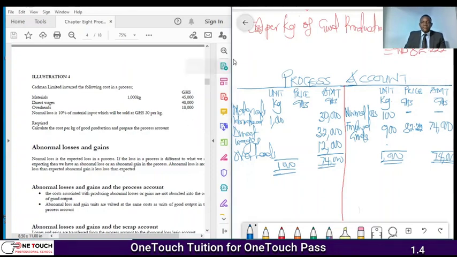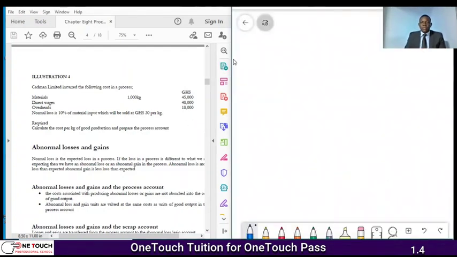Good. So let's see. So we have Cadman Limited.